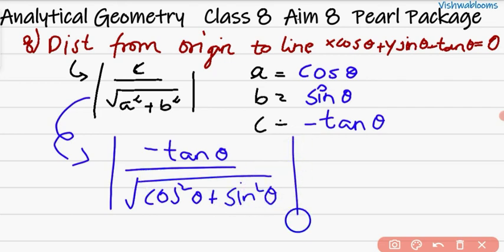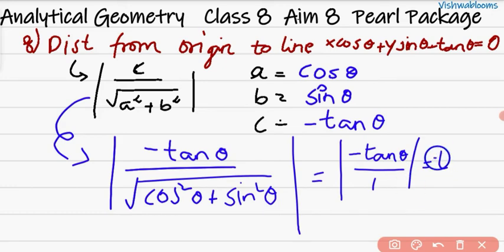Now one identity you should keep in your mind: cos square theta plus sine square theta is equal to 1. We have learned this in trigonometry already. Now here we will find minus tan theta by 1, that would be tan theta in the modulus, that is option D.